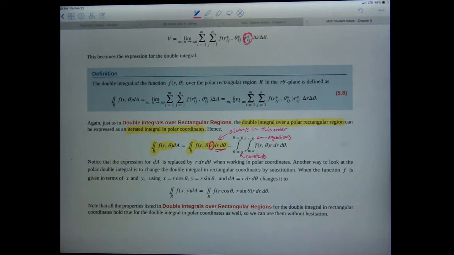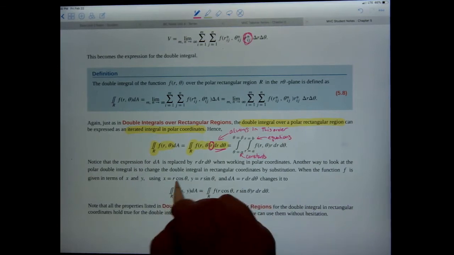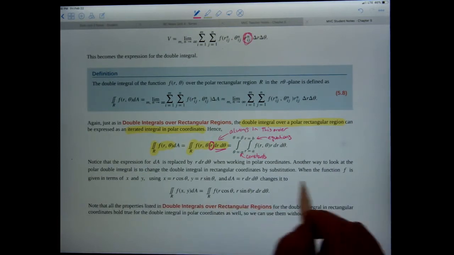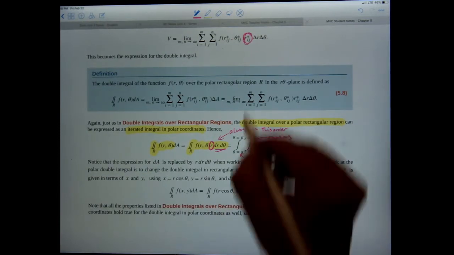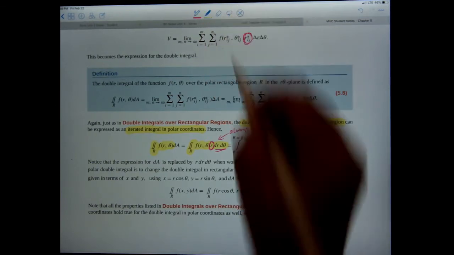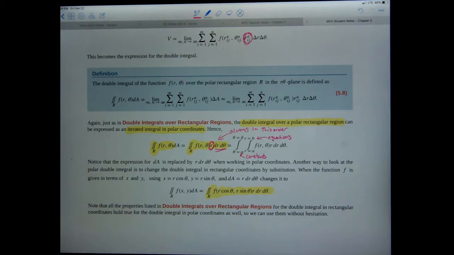So, down in the next section, it gives you what to do, which is to change it from rectangular coordinates. I don't like the way they said this. If it's already in x's and y's, you may find it easier to change it to r cosine theta and r sine theta. And this is kind of a synopsis of what's coming up.